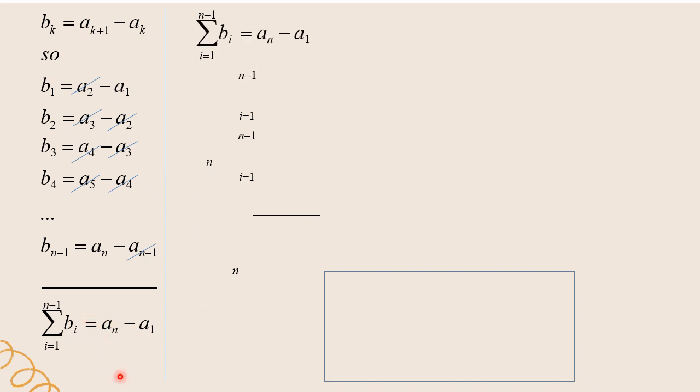So we need to have this, and that's for the sum of b_i, with i from 1 to n minus 1, plus a1 here. And then we know that b_k is equal to 2k minus 1, so b_i becomes 2i minus 1.